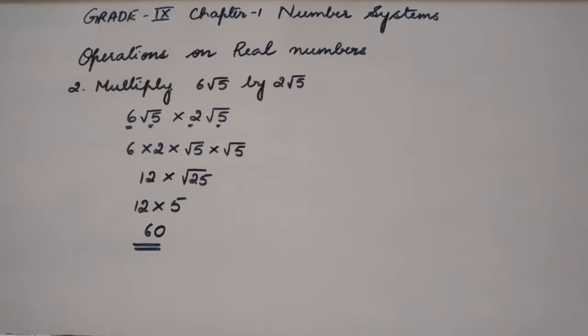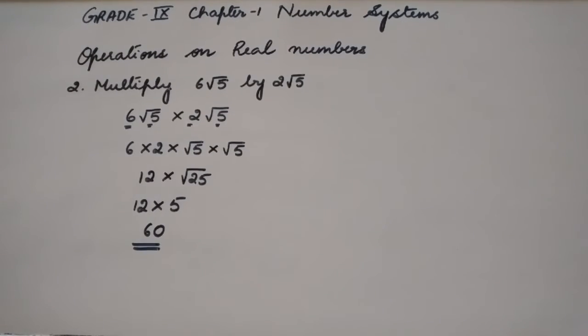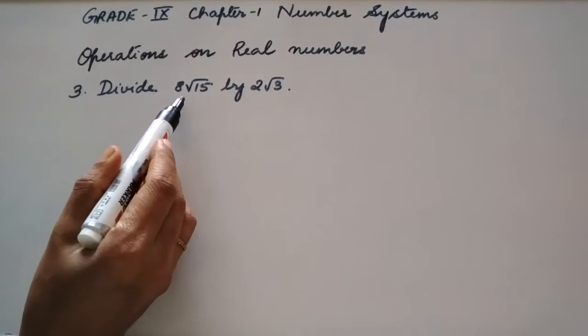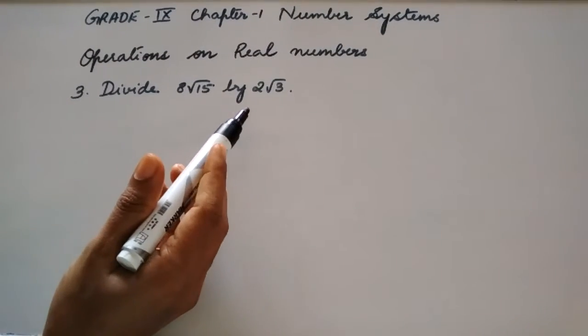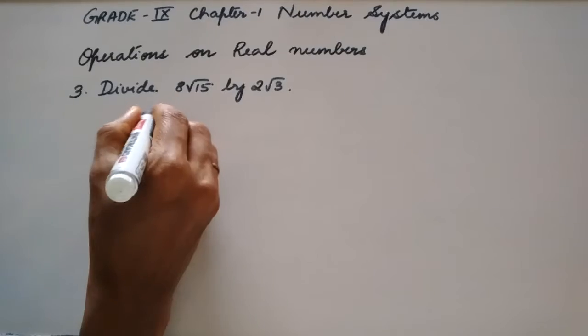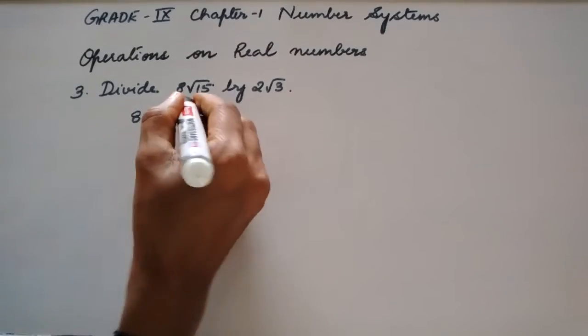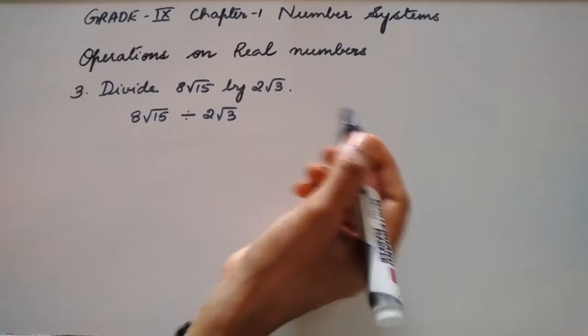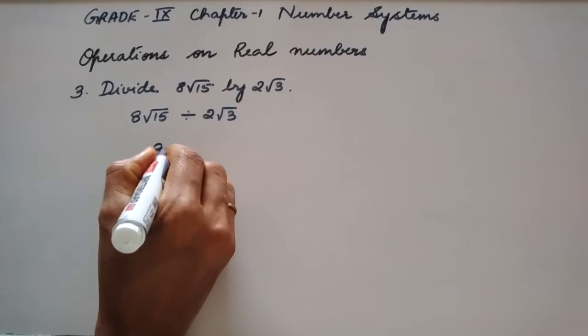Students, is this clear? Okay, now next let us look at the third example. Divide 8√15 by 2√3. That is 8√15 divided by 2√3. Let us write it in this way.